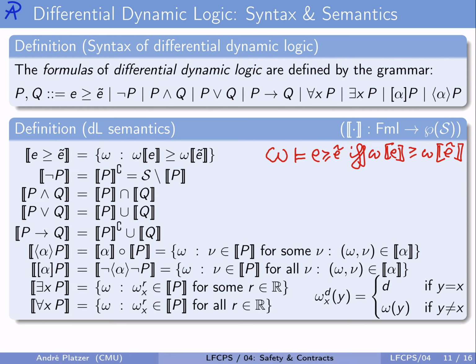And likewise, for all x P is true in the set of all states omega, such that for all real numbers that we could possibly ever think of, if we change the value of the variable x to be r, then in this new state is the postcondition P true. So just like exists and for all quantify over some real number or all real numbers, do diamond and box quantify over some new state or all new states.